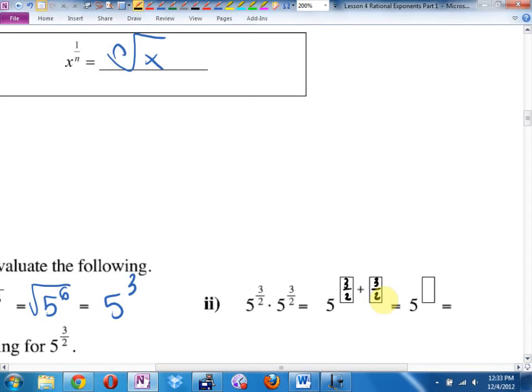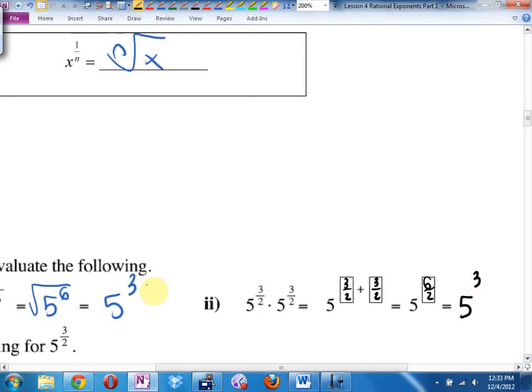Yeah? Then you know what 3 halves plus 3 halves is? How many halves? Yeah, just like 3x plus 3x is 6x's. 3 halves plus 3 halves. You know what? This is... And what is 6 over 2 in lowest terms? 3 over 1, right? 6 over 2, 3 over 1.